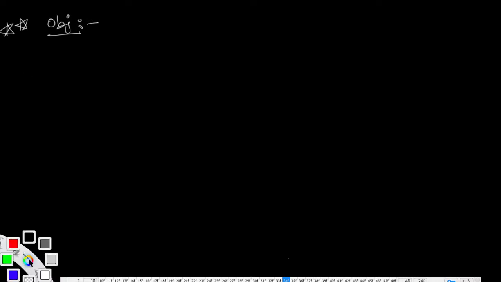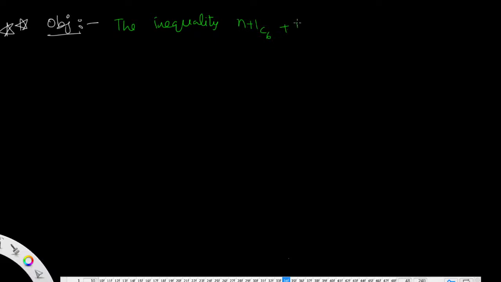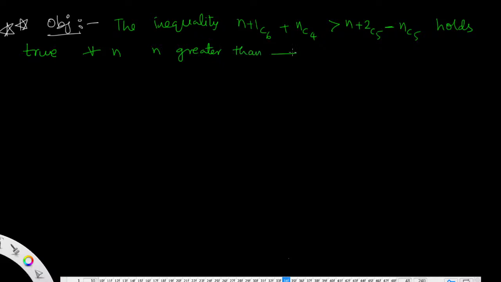The question is like this. The inequality, this is already a mains question: n plus 1C6 plus nC4 is greater than n plus 2C5 minus nC5, holds true for all n greater than or equal to dash.